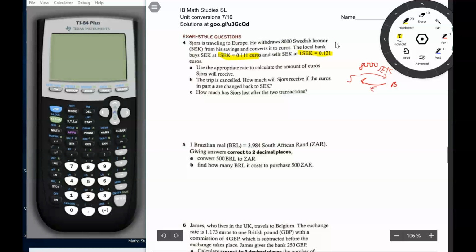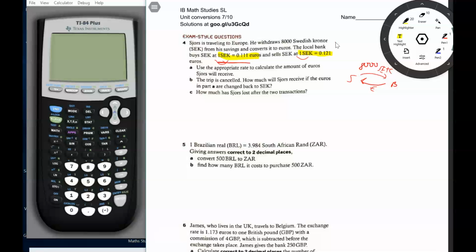So in this case, is the bank buying SEK or is it selling SEK? Looks like it is buying SEK because the SEK is going towards the bank. So that means it would be this one here, 0.111. So we're going to use that exchange rate, okay?